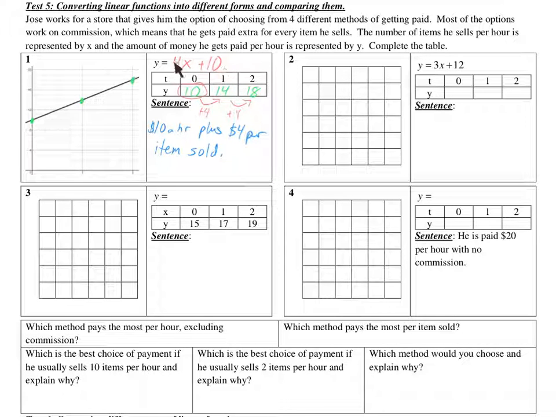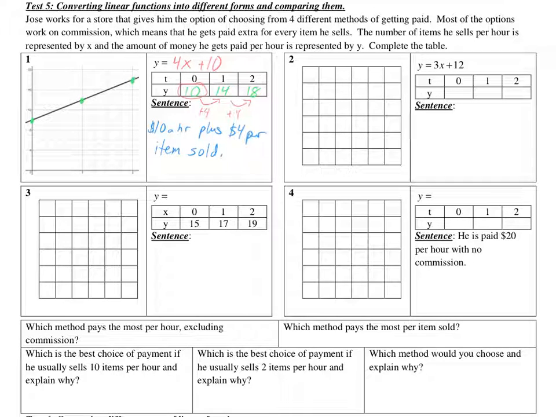An equation is just describing something. This is what he started with, $10 plus $4 for every changing X item sold. What does this 2 mean right here? It's saying if he sold 2 items, don't you put a 2 in there? Isn't that $4 times 2 plus 10? So didn't he make $18 that hour?